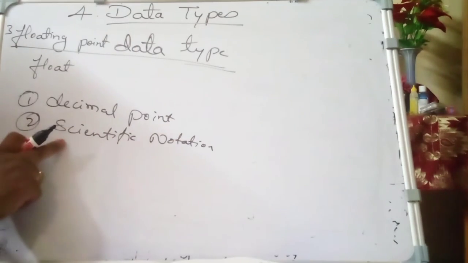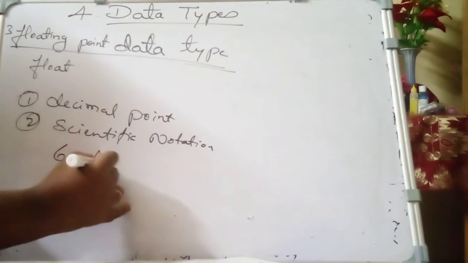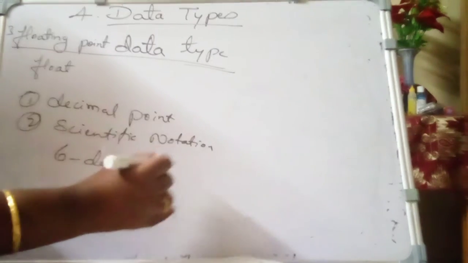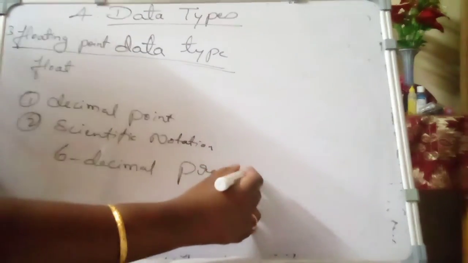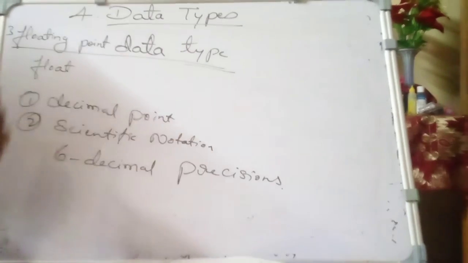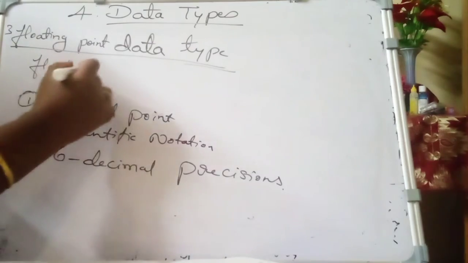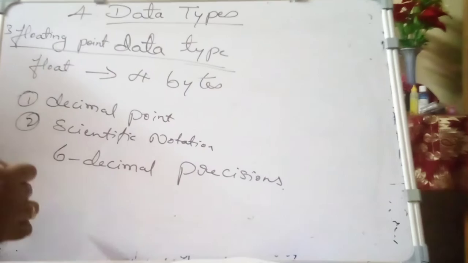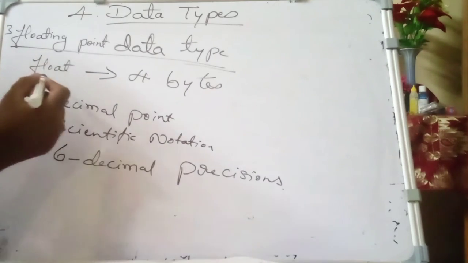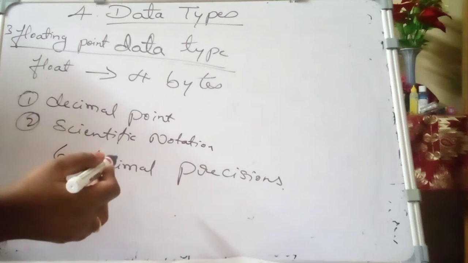In most systems, floating point numbers have 6 decimal precisions. That is, after the decimal point, how many digits it will support: 6 decimal precisions. And float occupies 4 bytes of memory. So any variable declared as float means we have to reserve 4 bytes of memory for it.